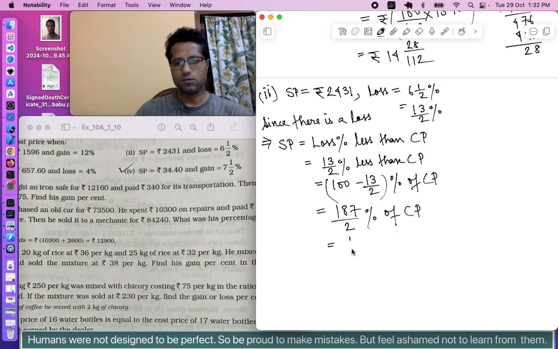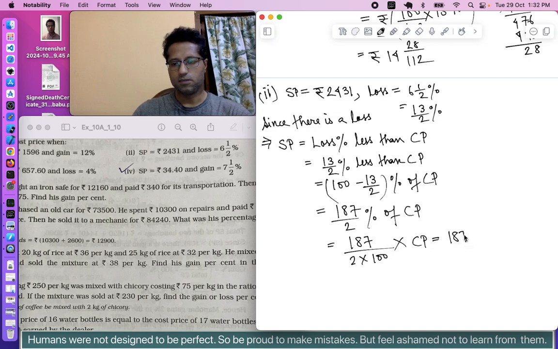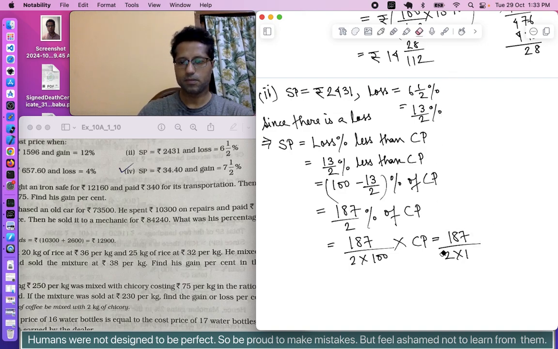Now 187 by 2% means 187 by 2 divided by 100, multiplied by CP. We do not know CP, we have to find CP. SP is given.